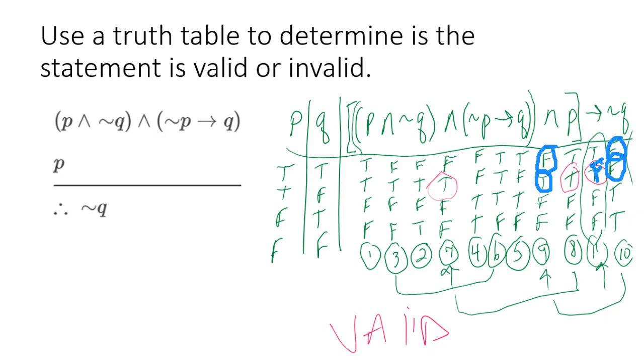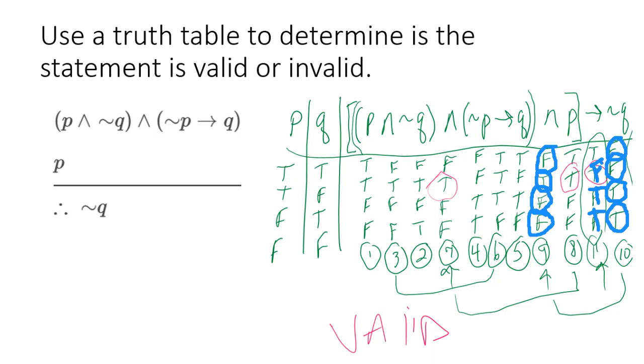Then I have this false with this true, and that's going to be true. And then we have this false with a true, and that should also be true. I'm not sure why I didn't have them right.